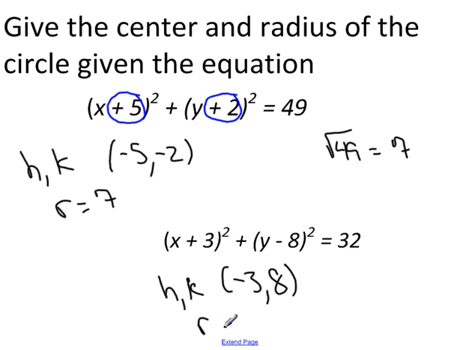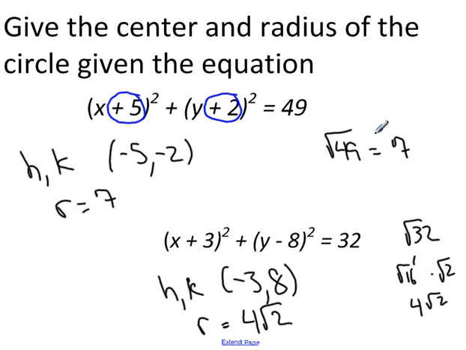And the radius is going to be the square root of 32. Now, don't give your answer in decimal form, okay? Just simplify this radical, and we're going to simplify it with radical 16 and radical 2. That's going to be 4 radical 2. So the radius is 4 radical 2.